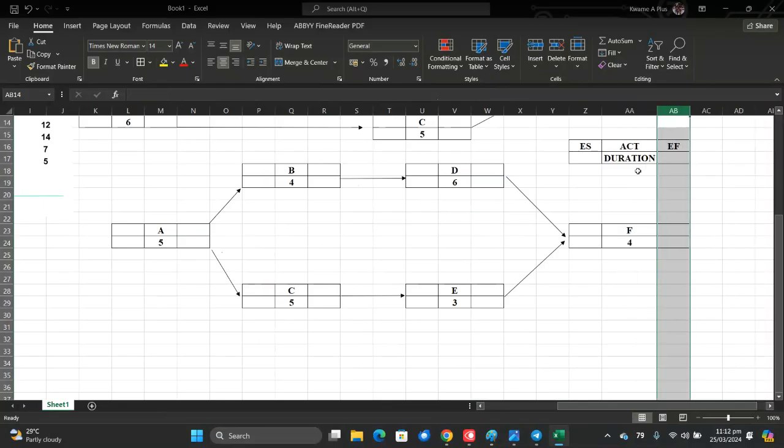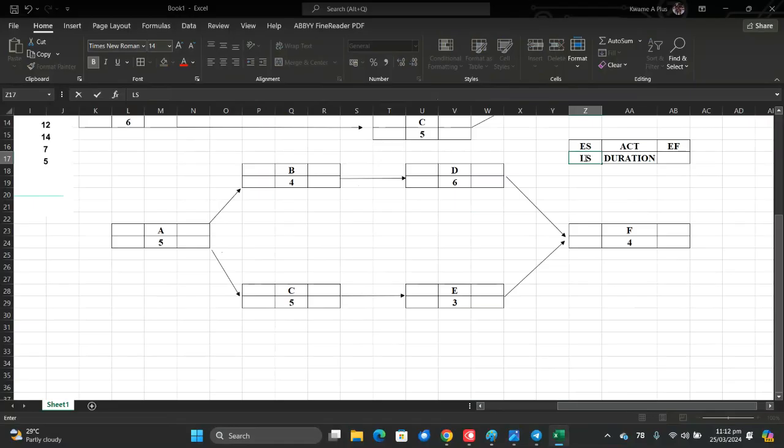And this is called the latest start. This is also called the latest finish. Earliest start, earliest finish, latest start, and then this is the latest finish.